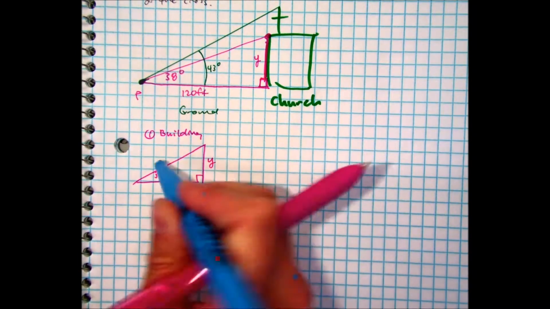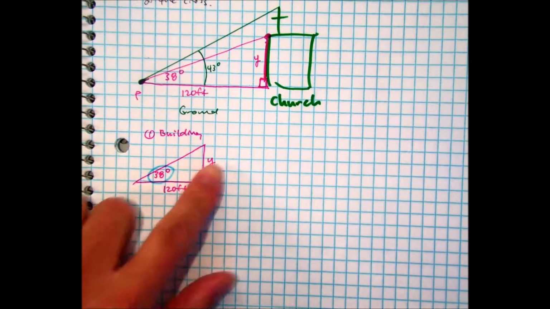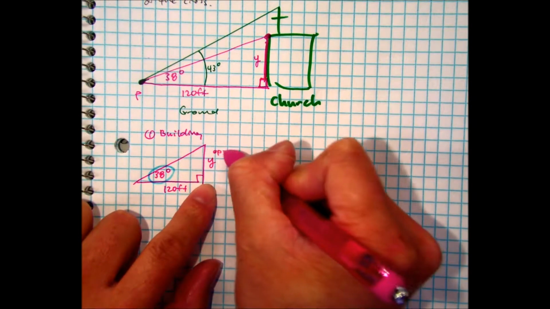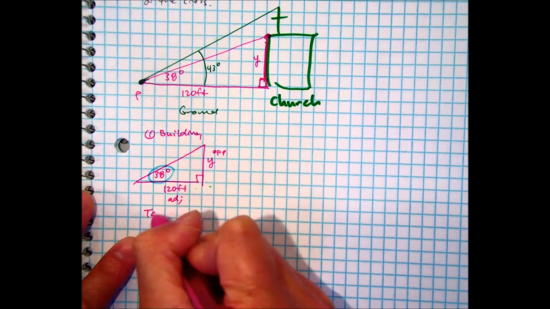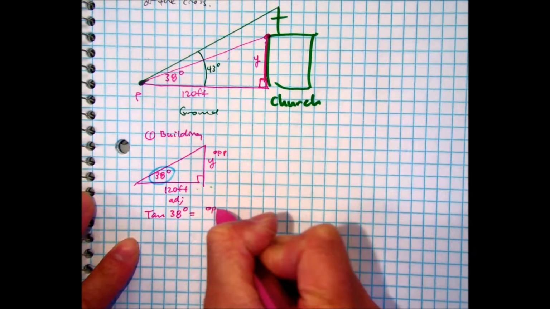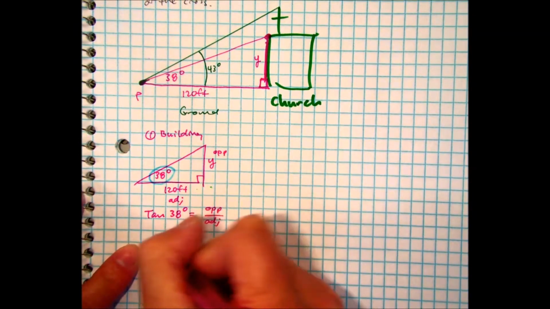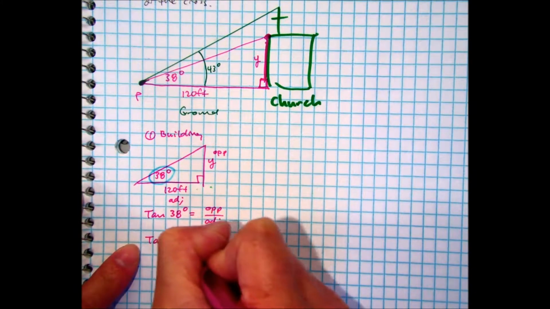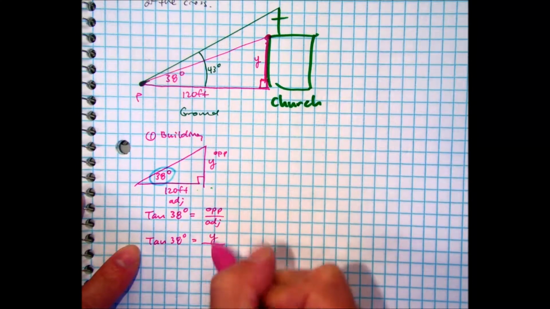Starting at this angle, class, what sides do I have? Opposite. Adjacent. So tan of the angle equals opposite over adjacent. Boys, what is the opposite side? y. And the adjacent, boys? 120.